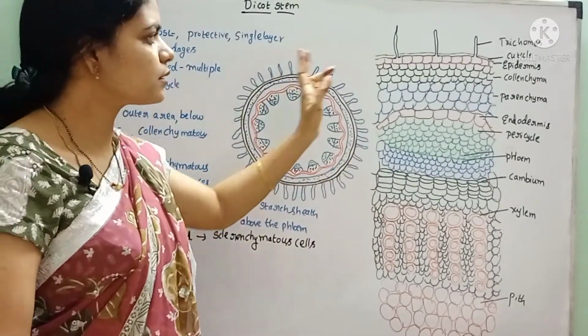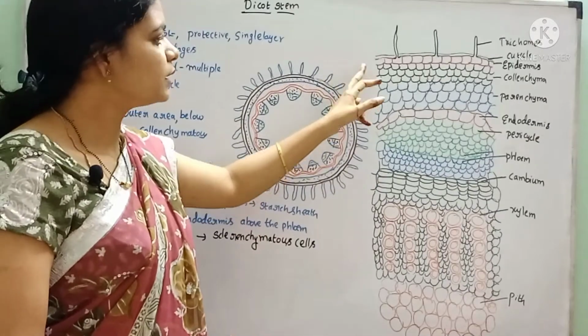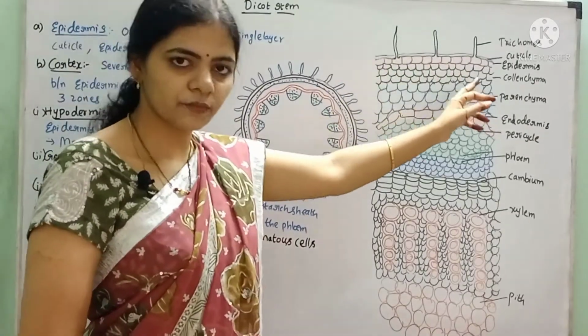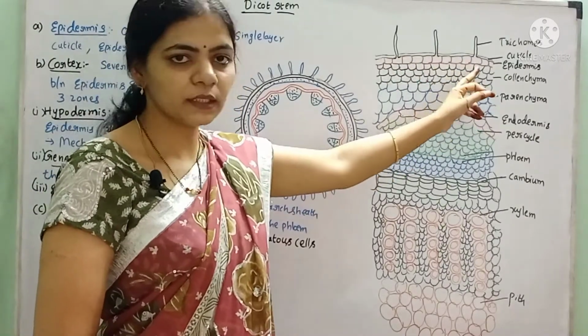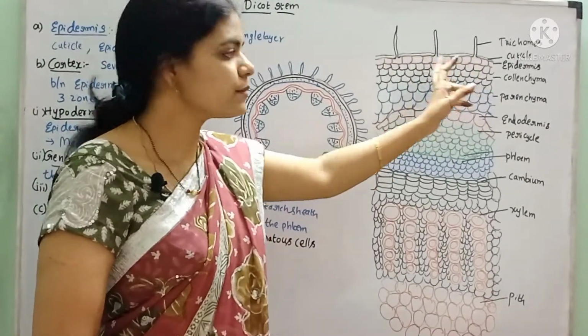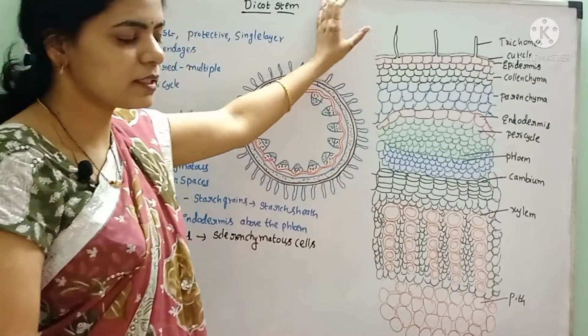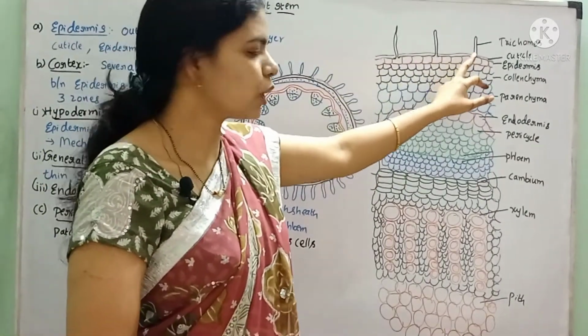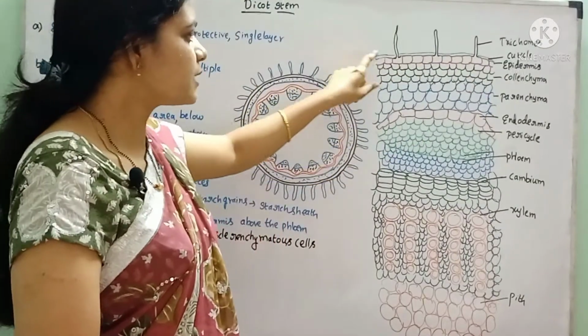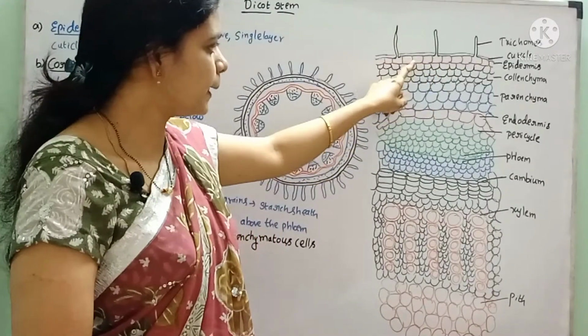If we see the structure of the dicot stem, the outermost layer, as we have already studied in the roots, is nothing but the epidermis. But in stems, a cuticle is present. This cuticle is made up of a waxy material called cutin.